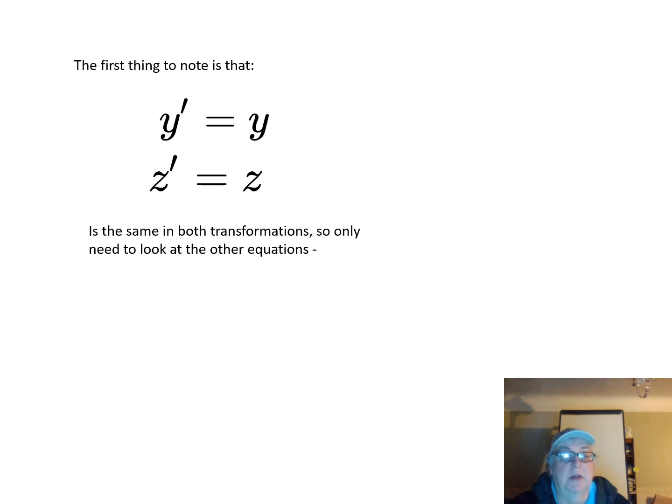The first thing to note is y prime equals y and z prime equals z is the same in both transformations. In Galilean transformations, that's the same as what you have in the Lorentz transformations.